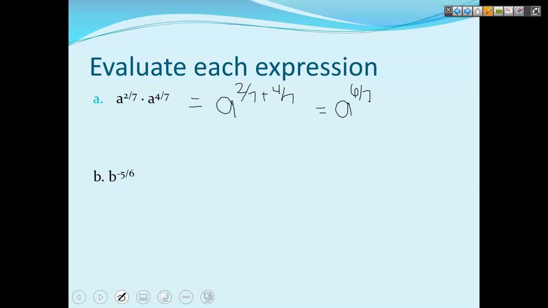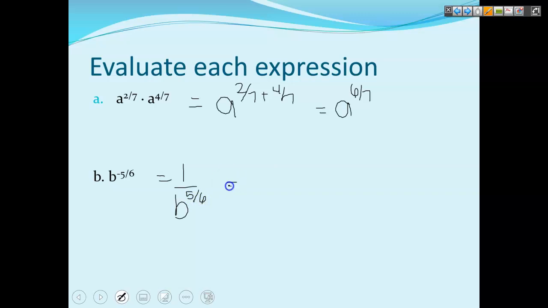I don't know why I use the same variables. But that is b to the negative 5/6. So again, no negative exponents. You must simplify, drop it to your denominator.